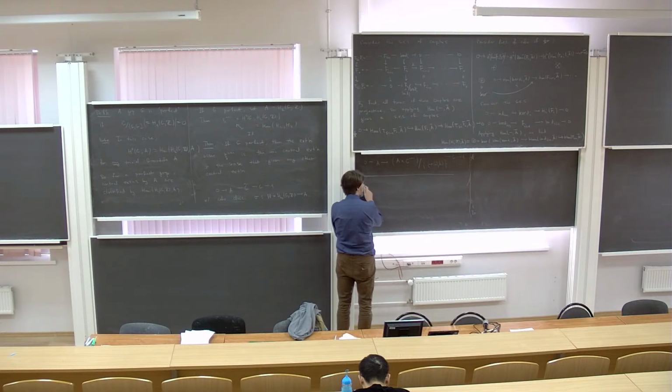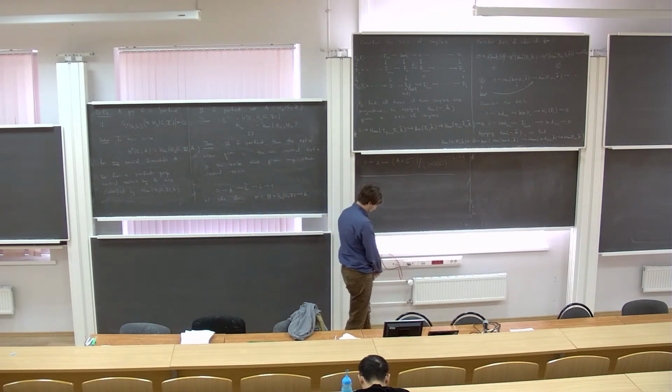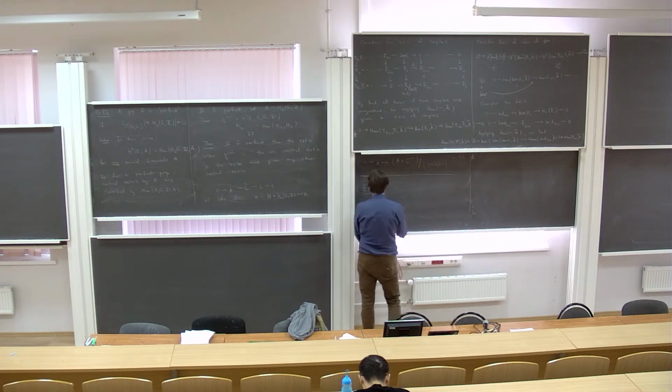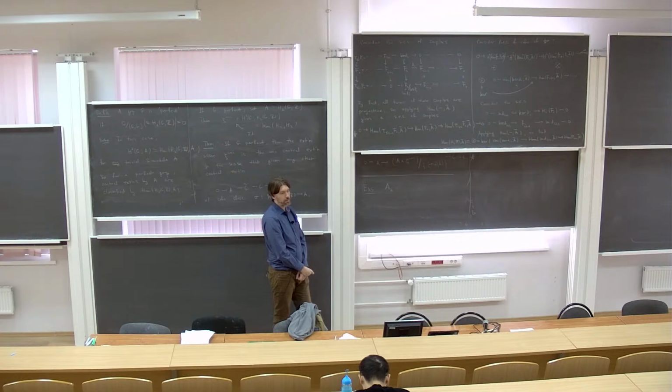So the examples I would like to do, but I won't do them on the fly, I want examples of perfect groups, and describe the universal central extensions. So you know that the alternating group is simple for n greater than or equal to 5.